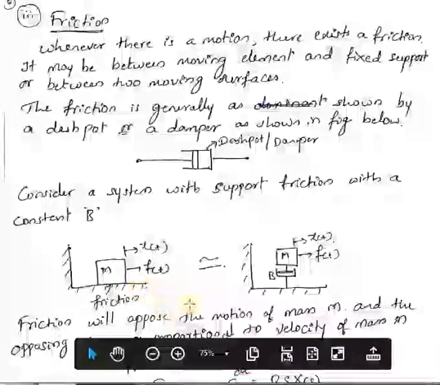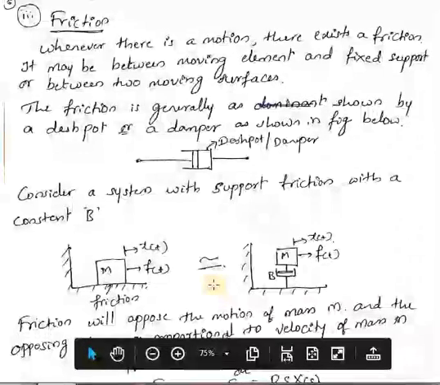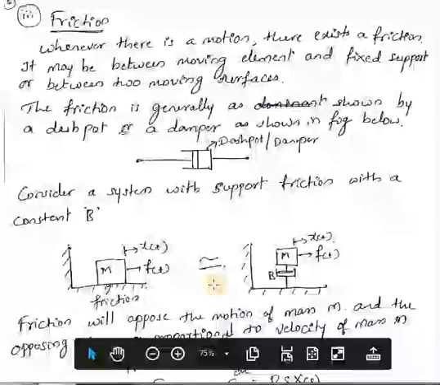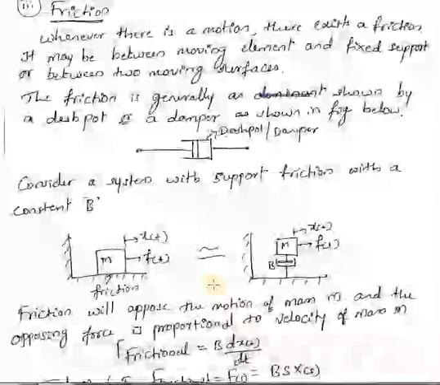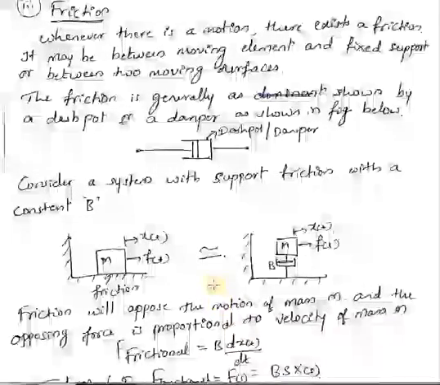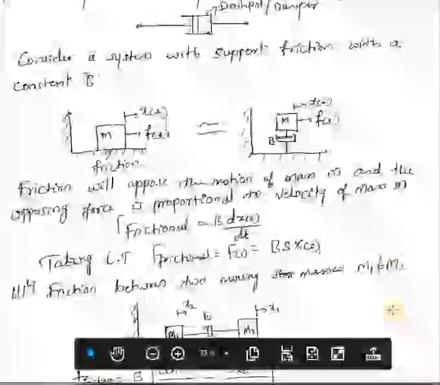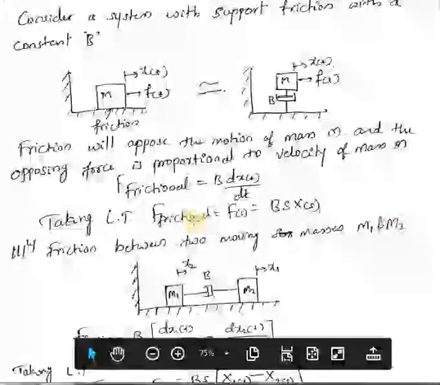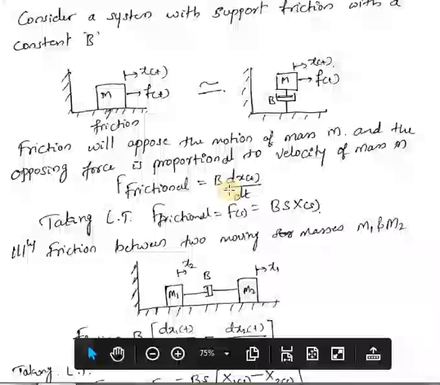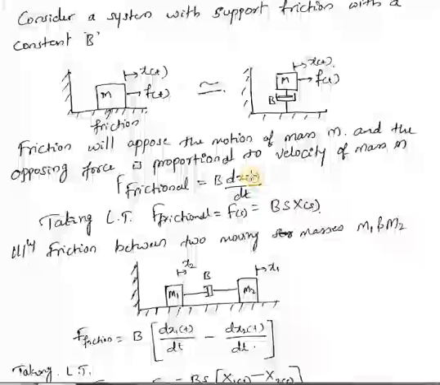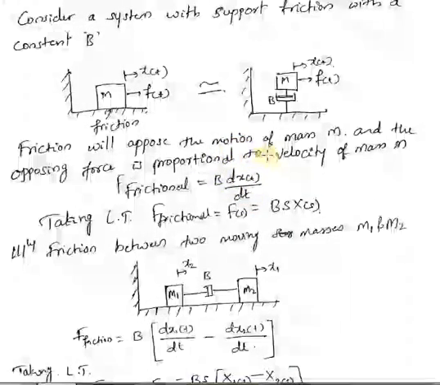This friction will always oppose the motion of the mass, and the opposing force is always proportional to the velocity of the mass. You can write the equation as F frictional is equal to B into d by dt of x of t. Here, why is it d by dt of x of t? Because it is proportional to velocity.